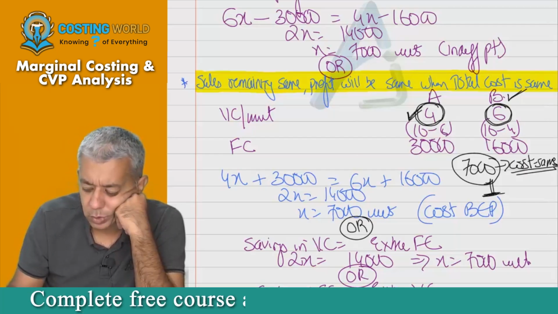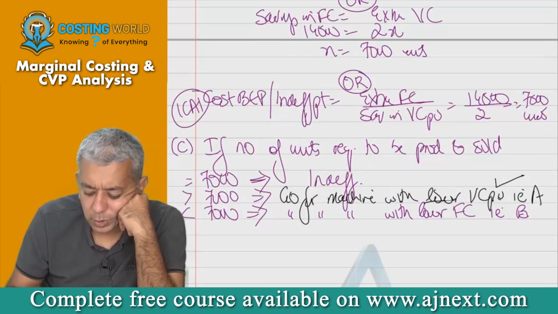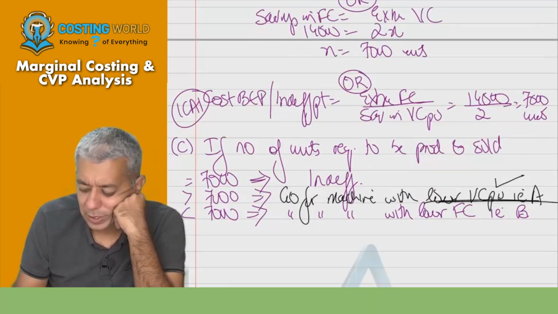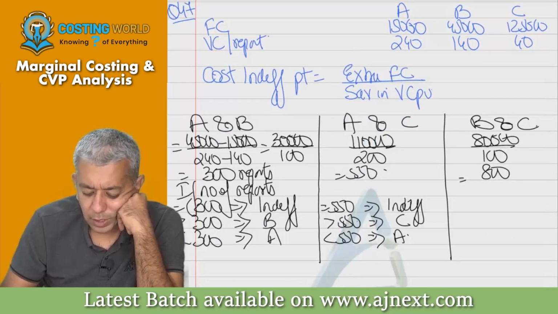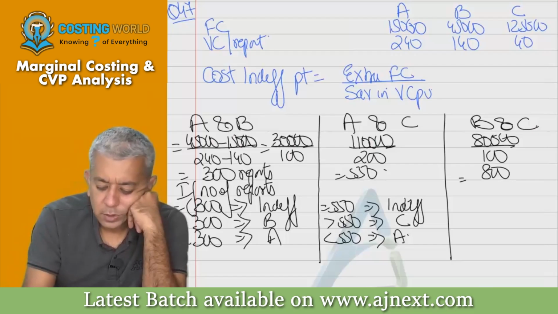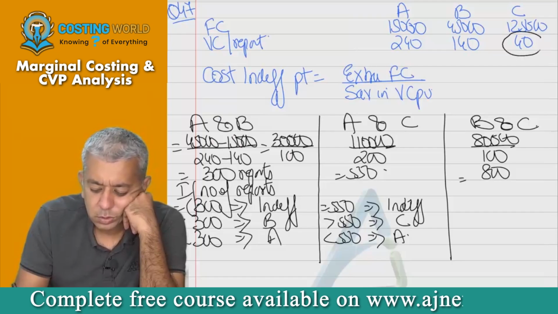That is whatever we wrote over here also. That particular machine is better whose variable cost is lower, that is machine A. Exactly the same thing we write here also. So beyond the indifference point, that machine is better whose variable cost is lower. Variable cost is lower for C, no? Yes, sir.